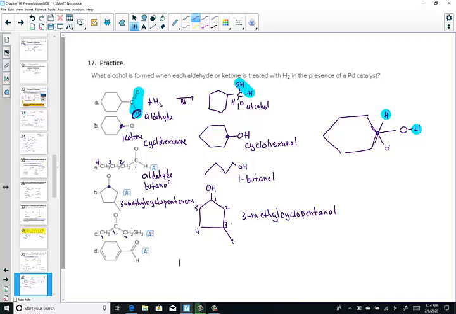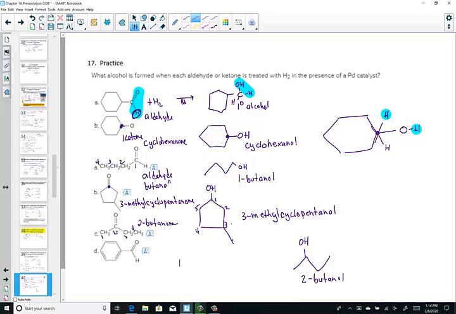1, 2, 3, 4 carbons. A ketone turns into an alcohol, a secondary alcohol called 2-butanol. And the initial reactant in letter C here would have been 2-butanone.